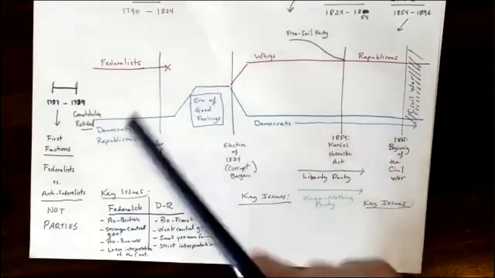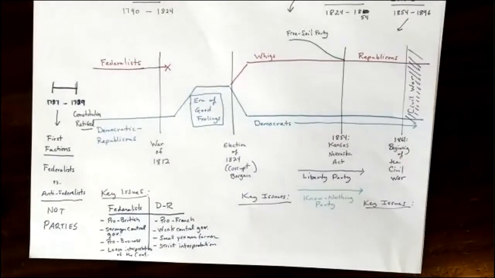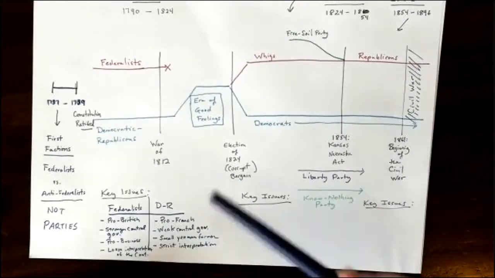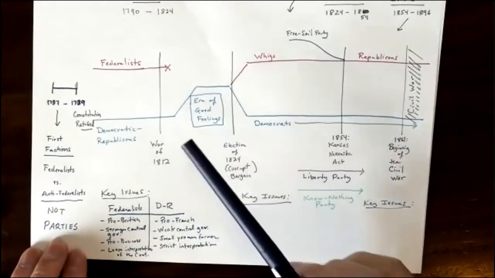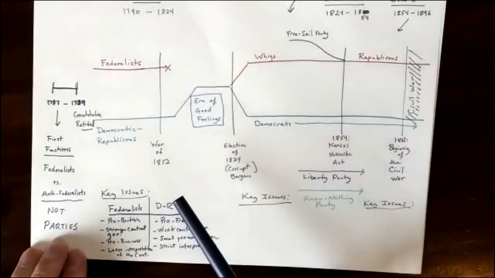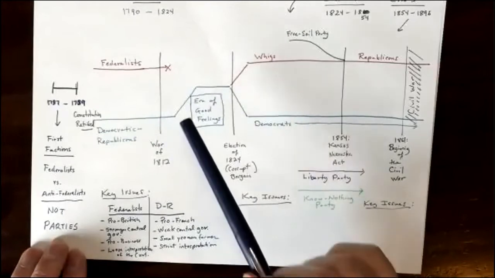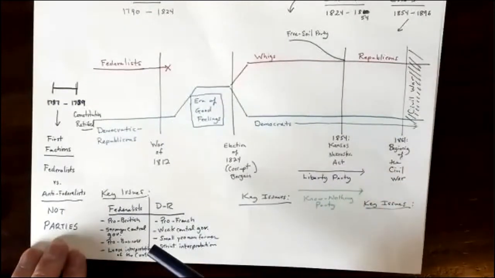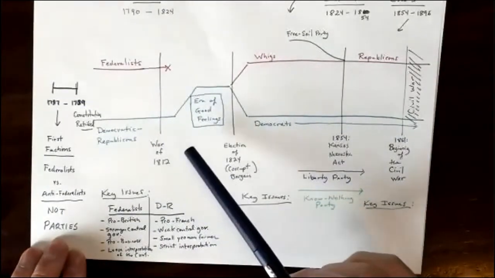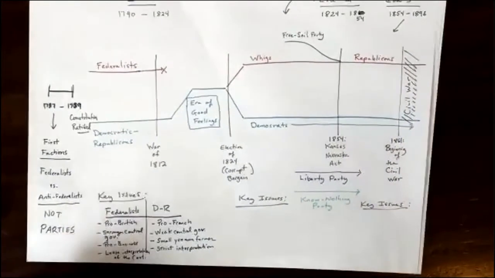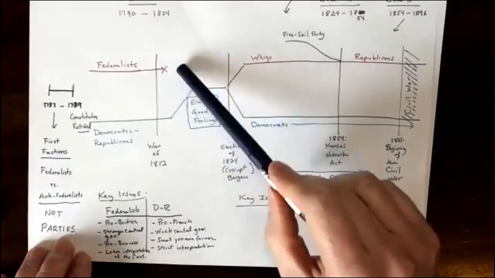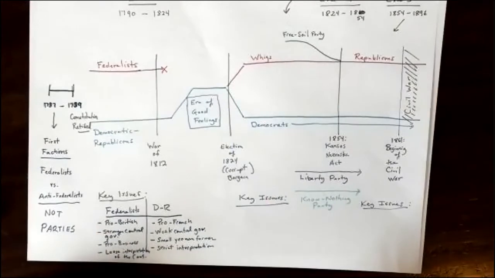Because if you remember right, the Federalist Party during the War of 1812 convened the Hartford Convention, and they talked about even possibly seceding from the Union because they were unhappy with the fact that the War of 1812 was cutting off the United States from trade with Great Britain. Now, when the war ended, they looked unpatriotic for doing that. And so the Federalist Party really disappears in the aftermath of the War of 1812.